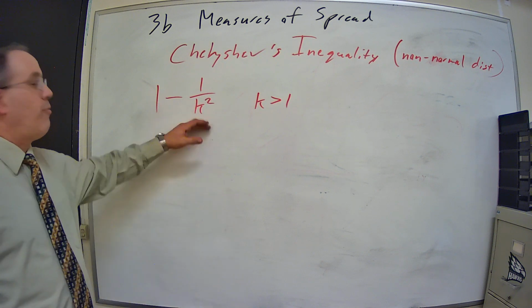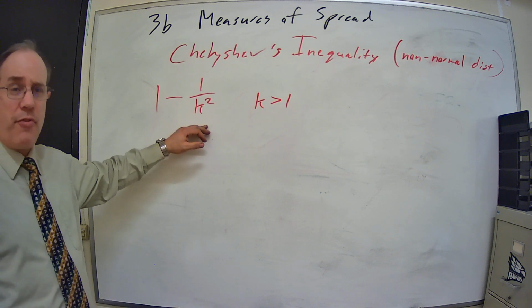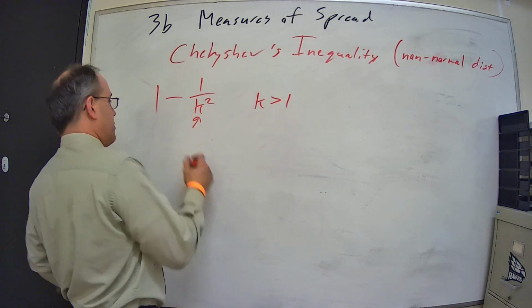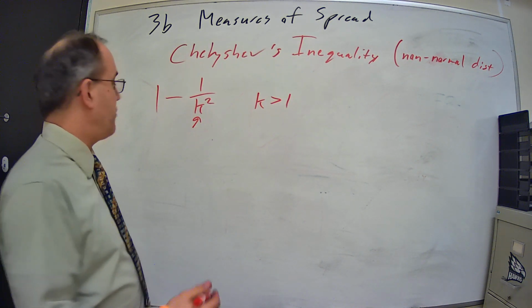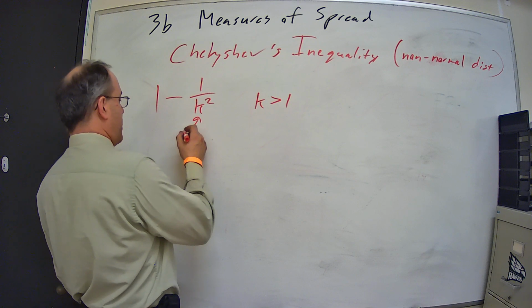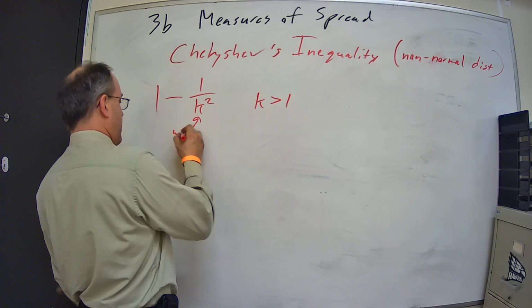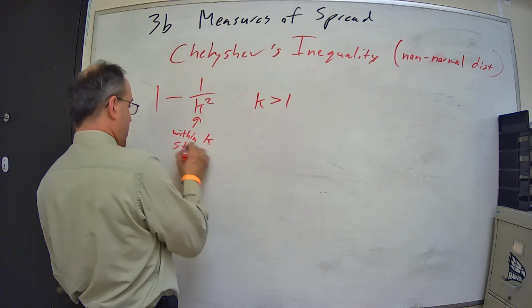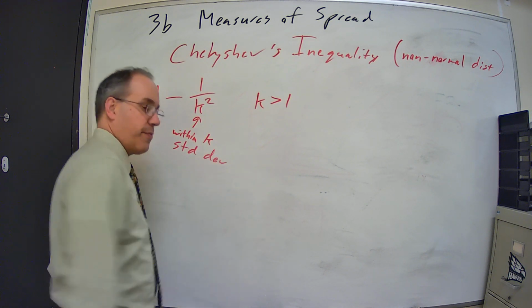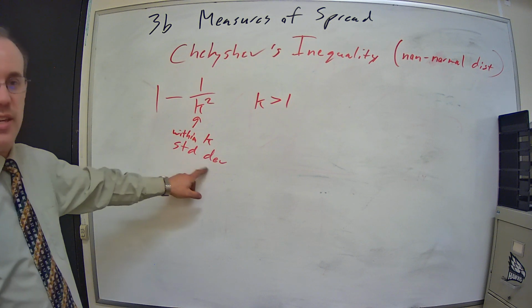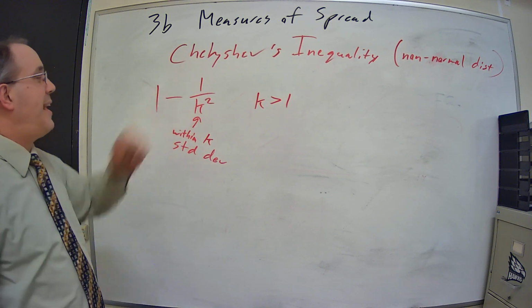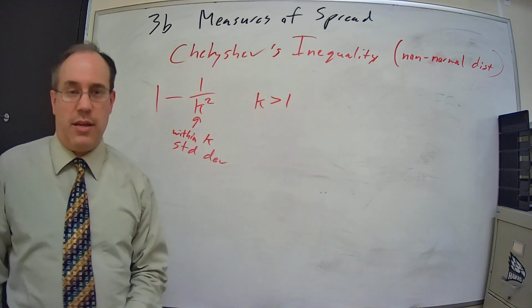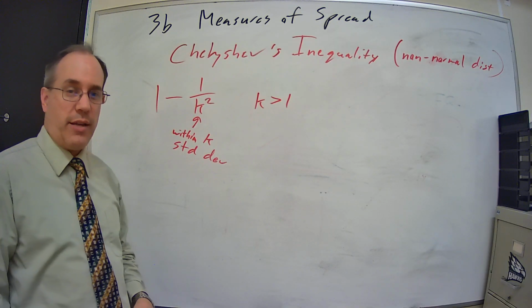That's his equation. Took a lot of time and effort to come up with this. k is the number of standard deviations, within a certain number of standard deviations. So within k standard deviations. So he said this will work for any distribution, whether it's normal or not.